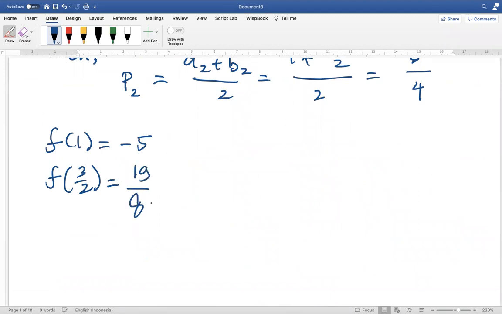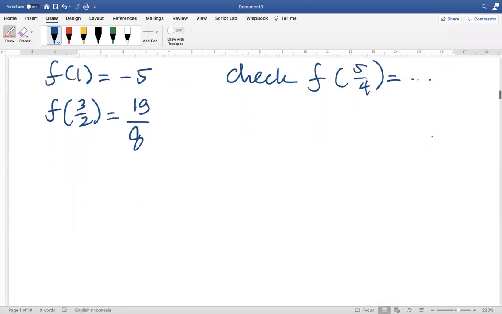Then check f(5/4) using Horner. Anyone has finished? 5/4.